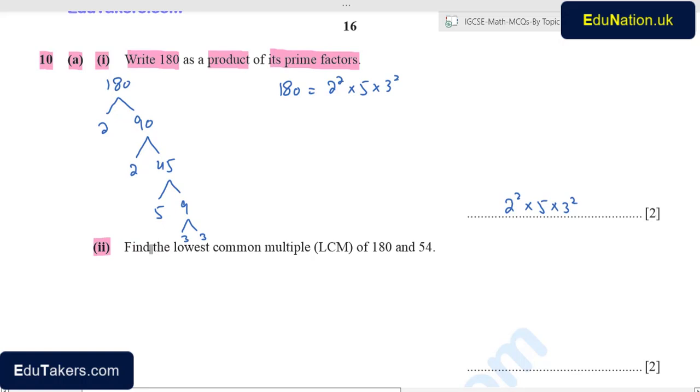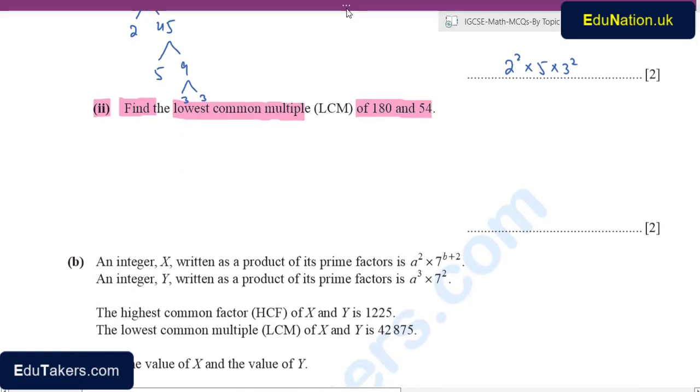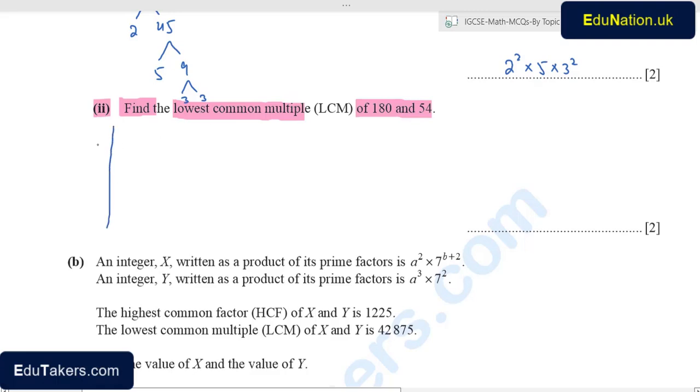It's part 2. Find the lowest common multiple of 180 and 54. LCM of 180 and 54. 2 times 90 is 180. Here this will be 2 times 2 is 4 and 2 times 7 is 14.